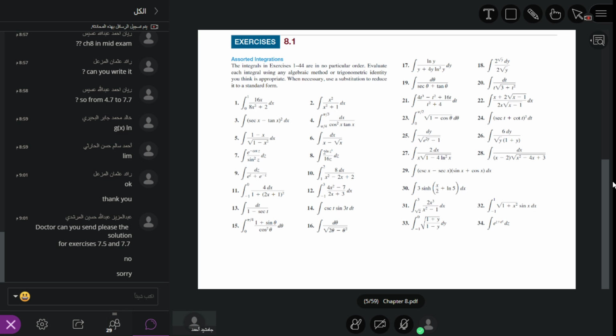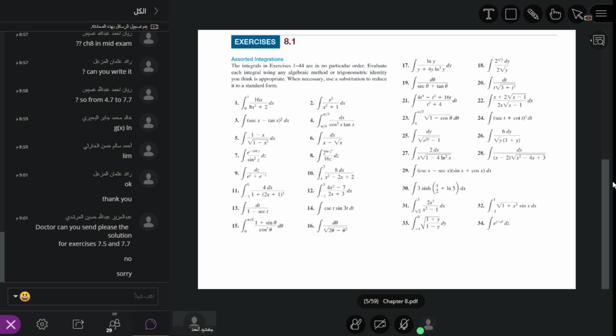The given function x power 3 cosine x is a continuous function. How can we say that it is continuous? Because it is the product of two continuous functions. x power 3 is a polynomial function, and a polynomial function is continuous everywhere. Cosine x and sine x are trigonometric functions.